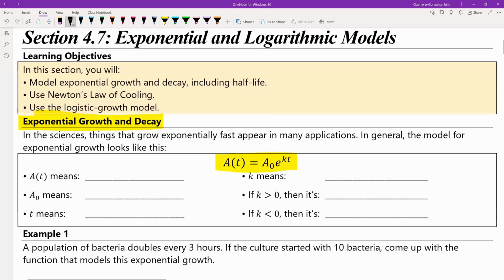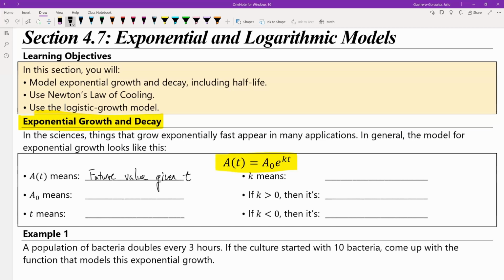So let me fill in the stuff. A sub t tends to give us a future value, given the time t.